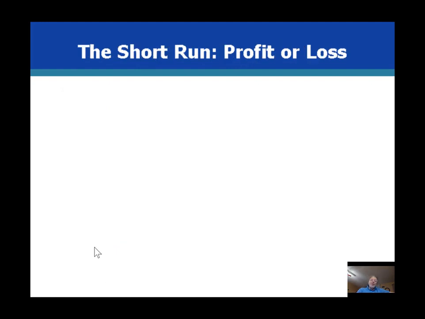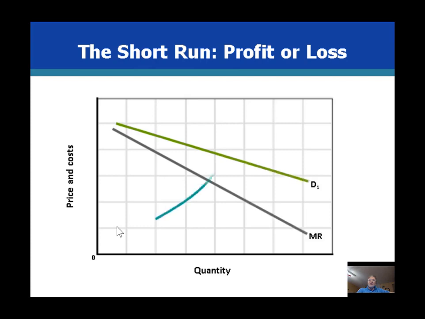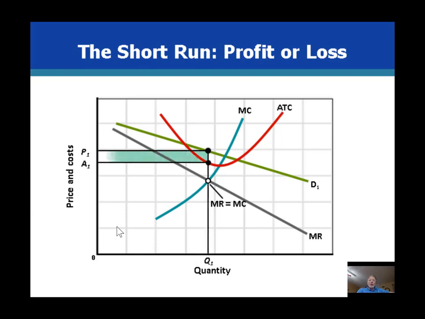So let's see how Abercrombie and Fitch could make a profit in the short run. Here you're going to produce or get the product out the door, the profit maximizing quantity, where MR is equal to MC. Draw on the average total cost line representing Abercrombie and Fitch's expenses, and compare that to the price that the consumer is willing to pay.